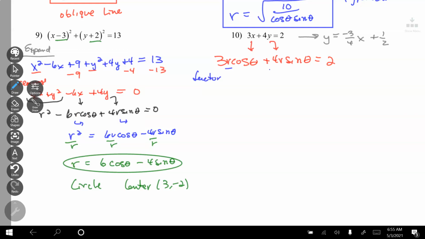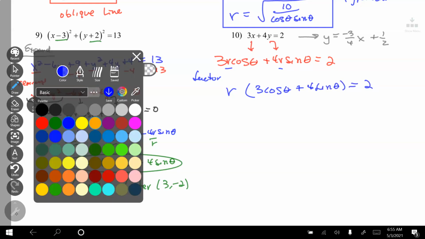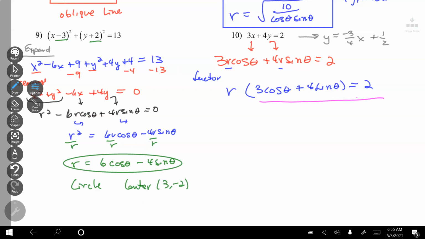I realize they both have an r in it, so I have r times 3 cosine theta plus 4 sine theta is equal to 2, and then I can divide by that all: 3 cosine theta plus 4 sine theta.